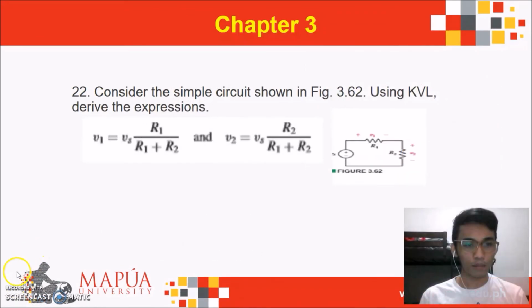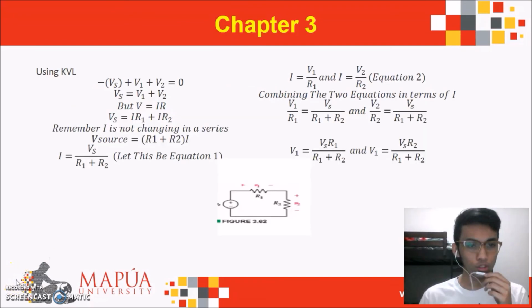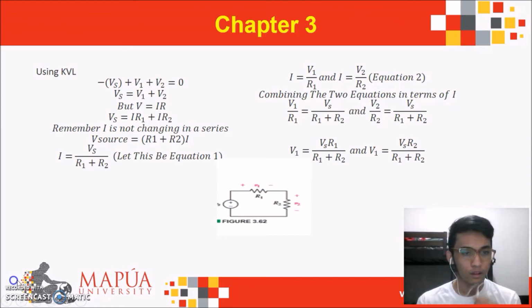For chapter 3, number 22, consider the simple circuit shown in the figure 3.62 using Kirchhoff's voltage law and derive the expressions. Negative voltage source plus voltage across resistor number 1 plus voltage across resistor number 2 is equal to 0.